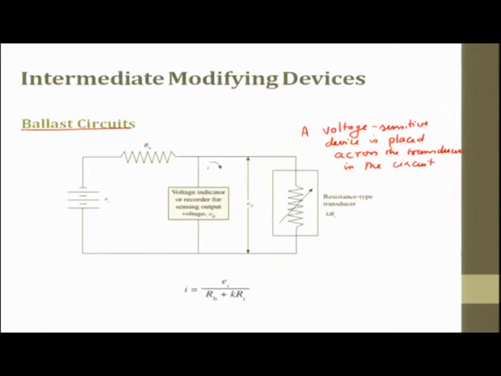So, it is important to note that in the absence of RB. So, let me first write down what is RA, RB, RT, so that you will be able to understand. So, RB is the ballast resistor, okay, and RT is the resistance of the transducer.